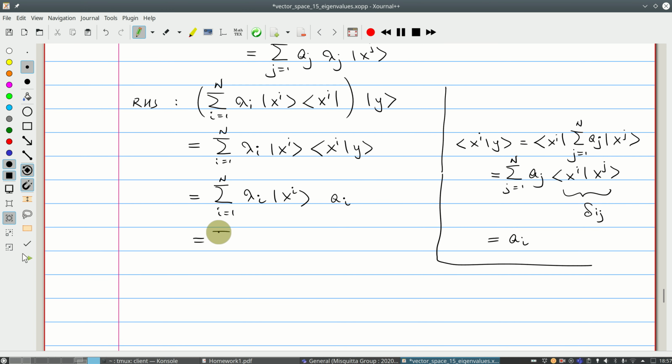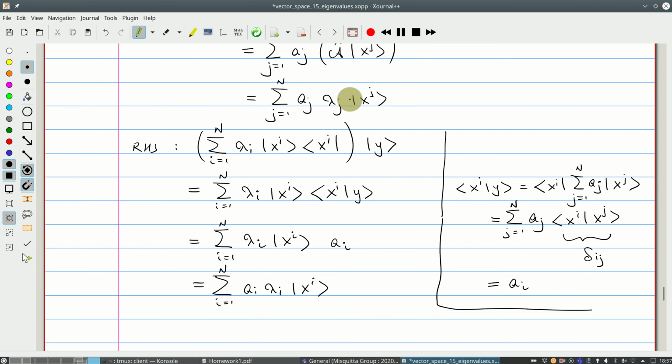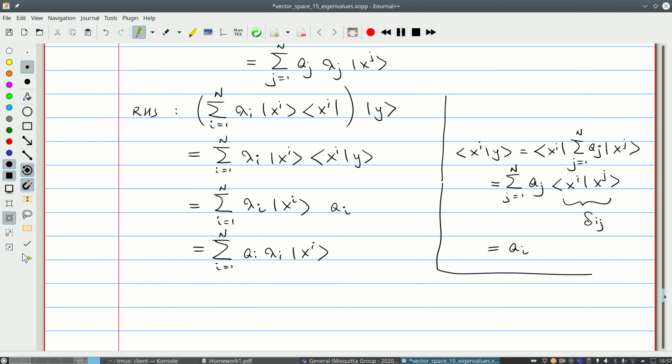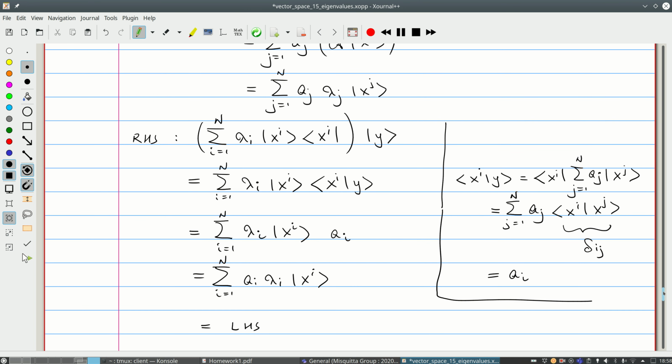So this is equal to the sum, i is equal to 1 to n, ai lambda i xi. And now if you compare this to the left hand side, it's the same thing. Remember, this is the sum over j, this is the sum over i, but i and j are dummy indices. They are both summed over completely. So these two sums are the same. That's equal to the LHS, and this holds for any vector y.